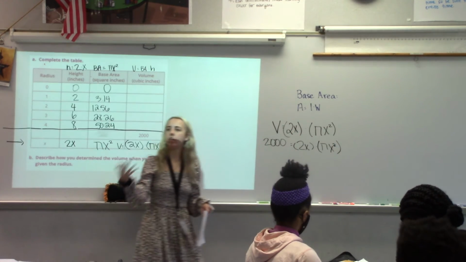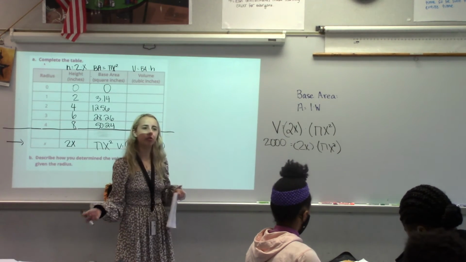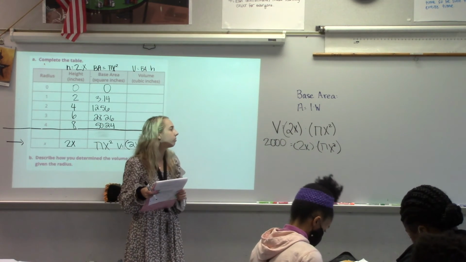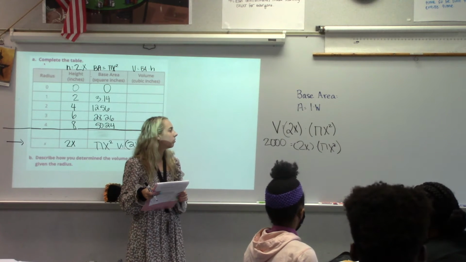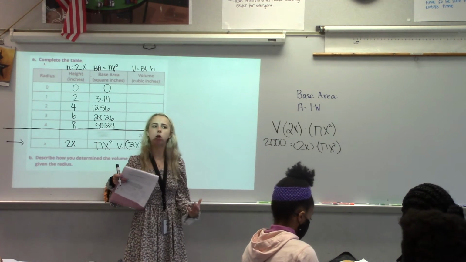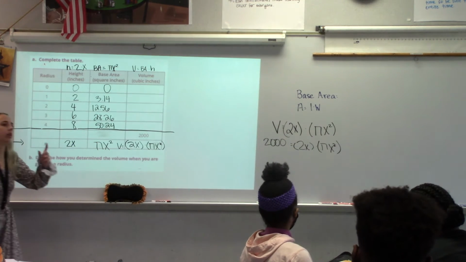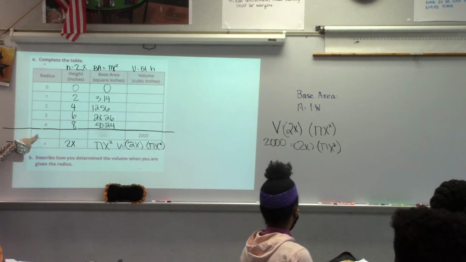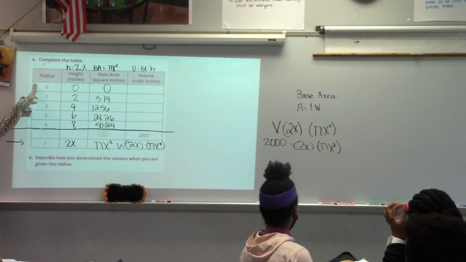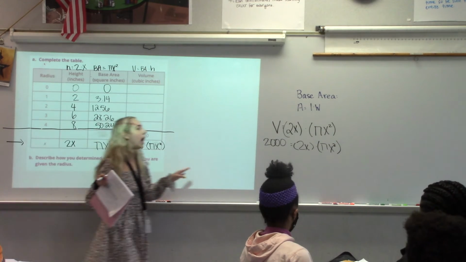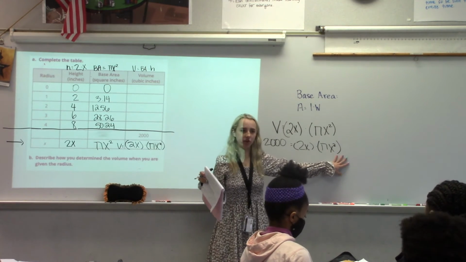So me and Keisha were talking about a few different ways you could solve this algebraically, but essentially keep that idea of getting x by itself, because what does x represent? Once we solve for x, what is that going to tell us for our table? Okay, it's giving us the radius when the volume is 2,000. You guys see that? So that's why I only have x's in my equation.